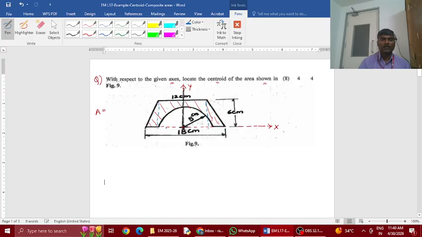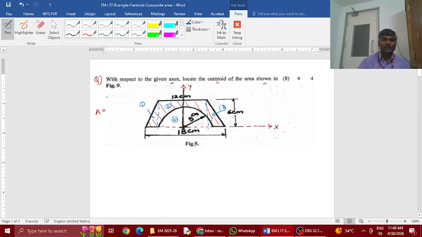So I call the triangle formed here as 1. Then the rectangular area which you see here, I call this as 2. Then I call this triangle as 3, and this semicircle formed here, I call this as 4.